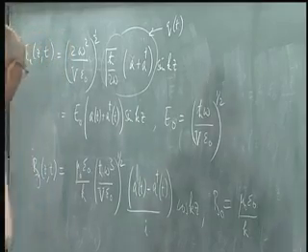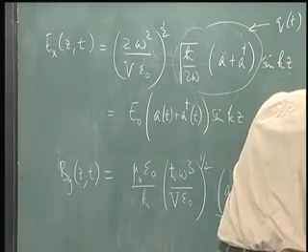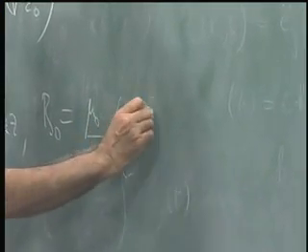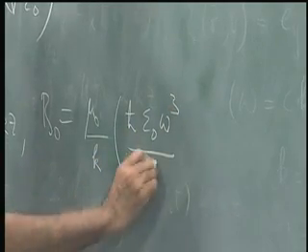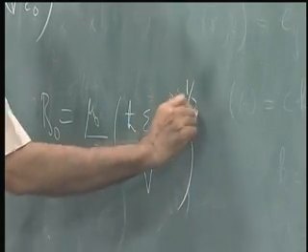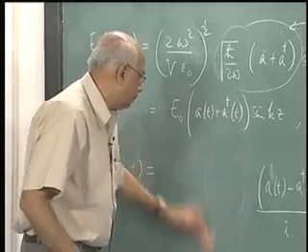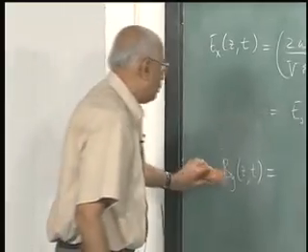Oh, we can get rid of an epsilon naught too, mu naught over k h cross epsilon naught omega cube over V to the power of half, and this goes away. That is B of t.